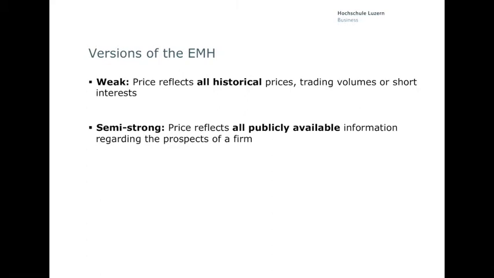For example, test results suggest that technical trading rules do not produce superior returns after adjusting for transaction costs and taxes. Second, the semi-strong form states that a firm's stock price reflects all publicly available information about a firm's prospects. Examples of publicly available information are company annual reports and investment advisory data.